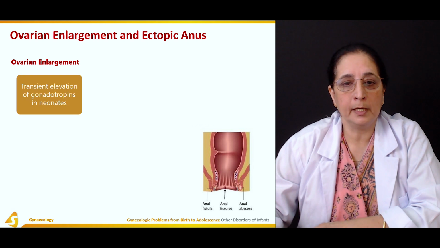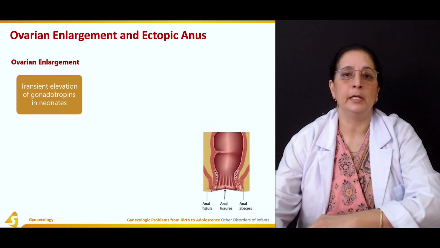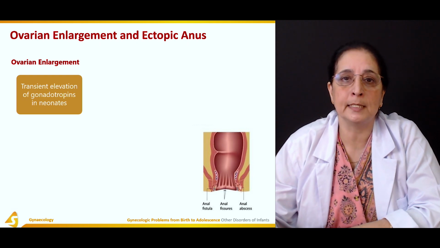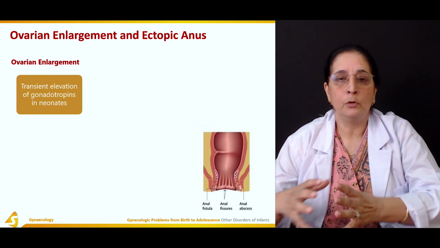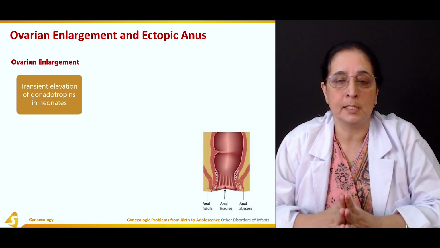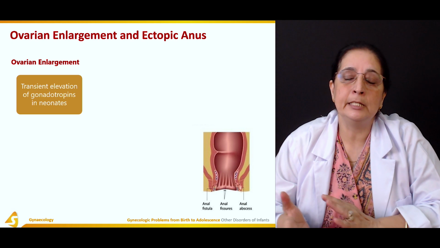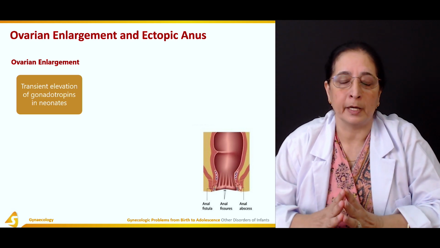Ovarian enlargement is usually due to the transient elevation of gonadotropins in neonates. When gonadotropic hormones are increased in the neonate, this leads to ovarian enlargement.